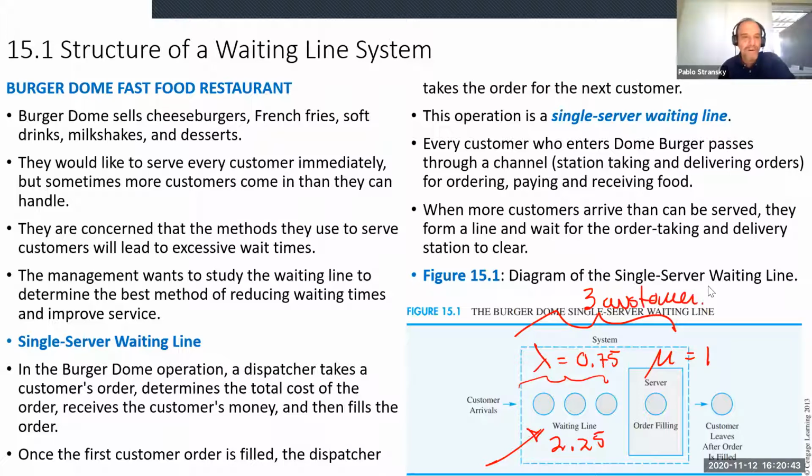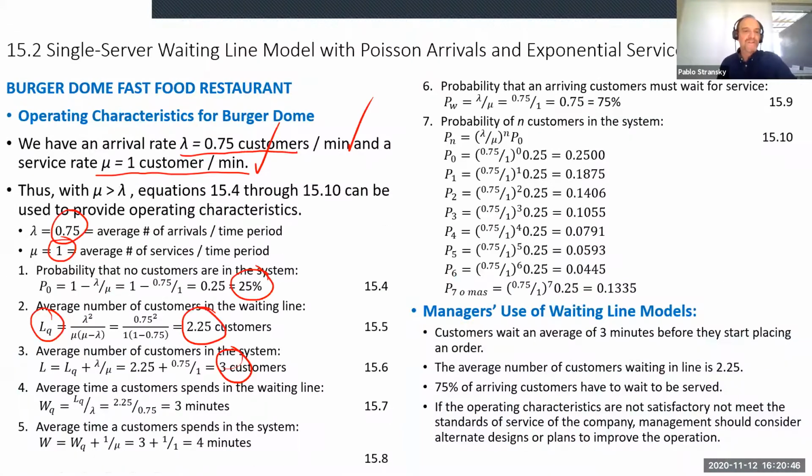on average, okay? The average time a customer spends in the waiting line is going to be given by WQ. I don't know why they give this letter so confusing. It's given by LQ divided by lambda, and it says it's 3 minutes in the waiting line.